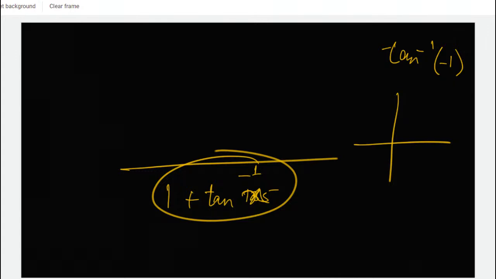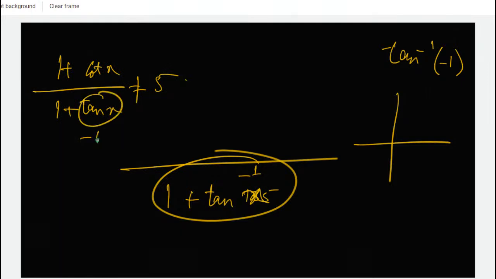That is why we will ignore the values of tan x is equal to minus 1 and use it just for tan x is equal to 1 by 5. Make sense?